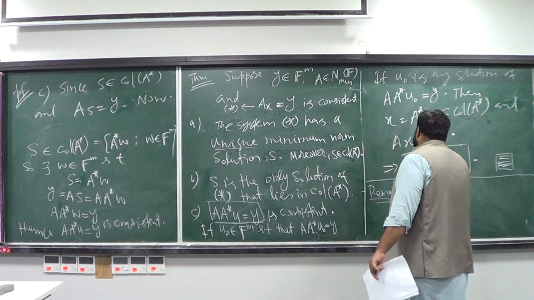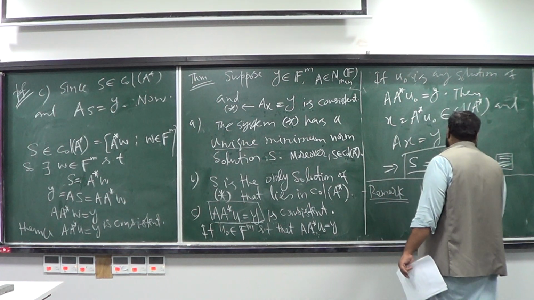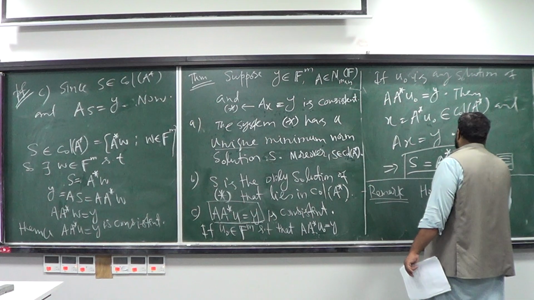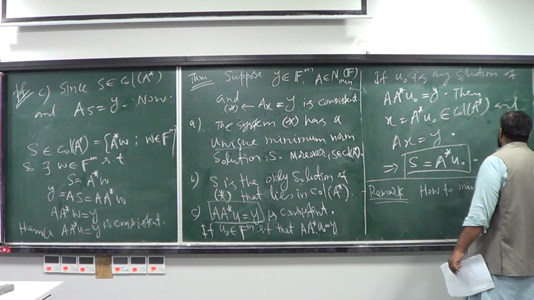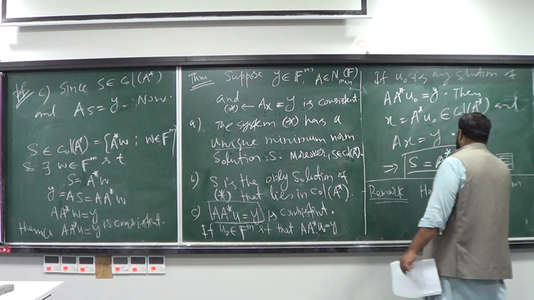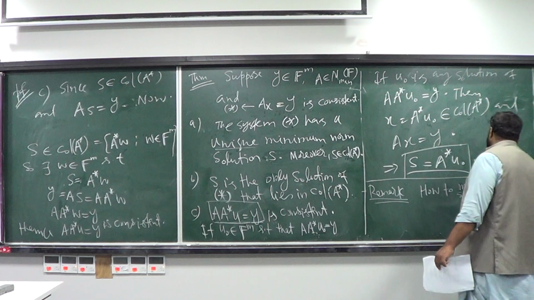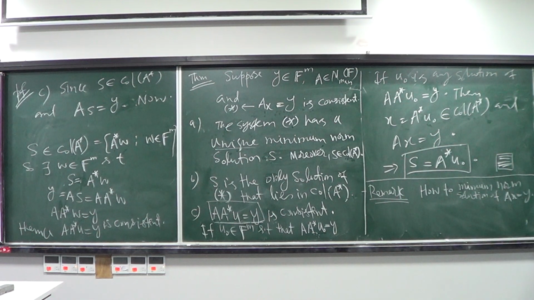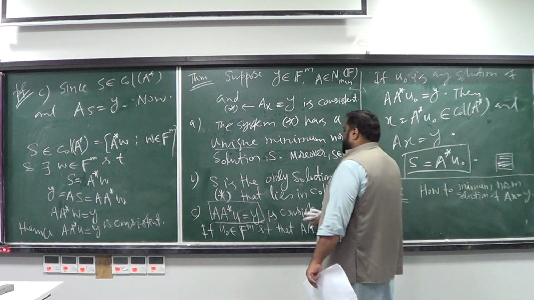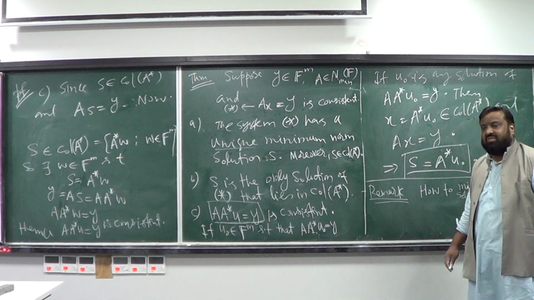So how to find S, the minimum norm solution of a system, say Ax equal to y. There are basically 2 steps. This part C tells you a recipe of finding it.